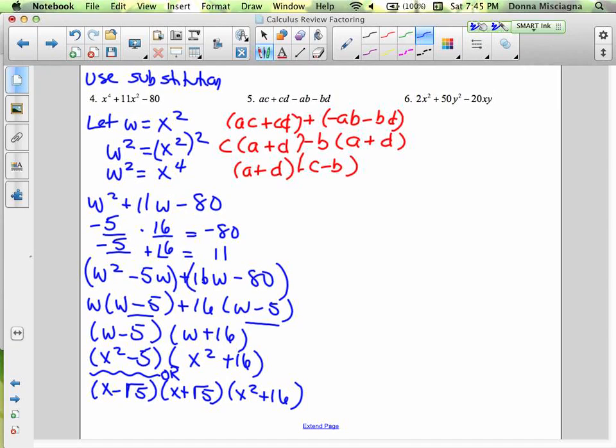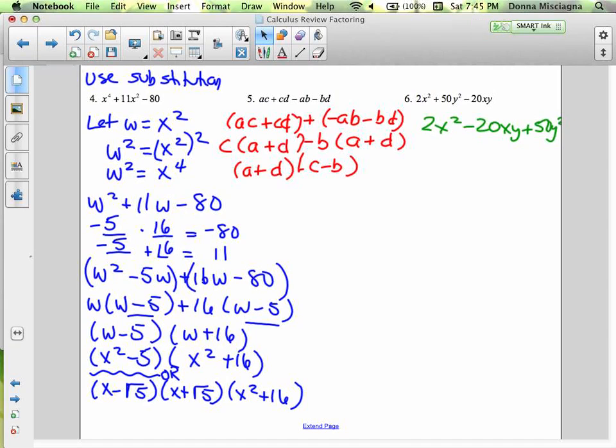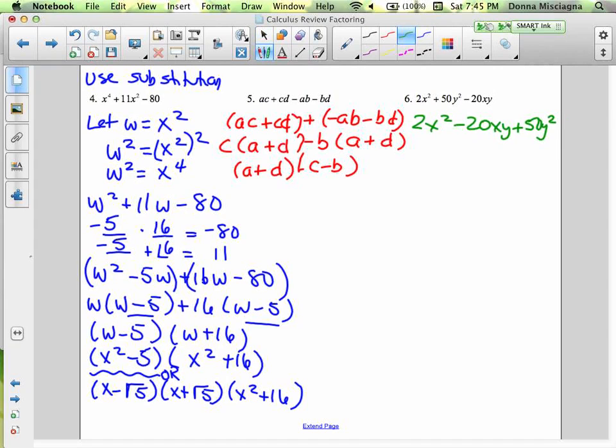All right, so let's reorder that to 2x squared minus 20xy plus 50y squared. All right, we'll reorder that. Well, right off the bat, we could pull out the 2. We should probably do that. X squared minus 10xy plus 25y squared.